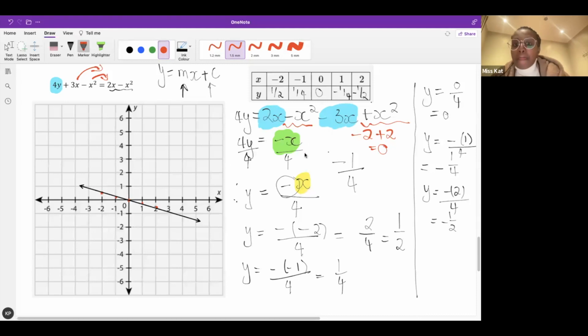Yes, ma'am. And now we still have a 4 in front of the y that we don't want. So how do we get rid of that 4? We divide it on both sides. There we go. That's where this comes from. You still with me? Yes, ma'am. So then this 4 will be gone and I'll be left with y equals negative x over 4.